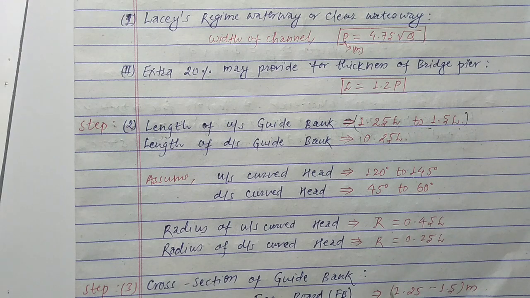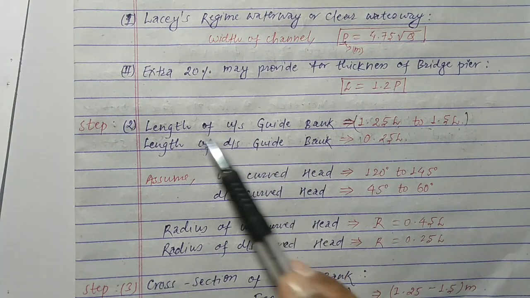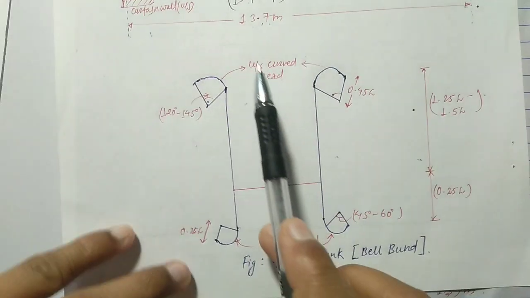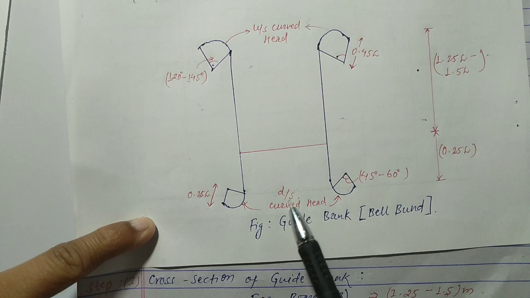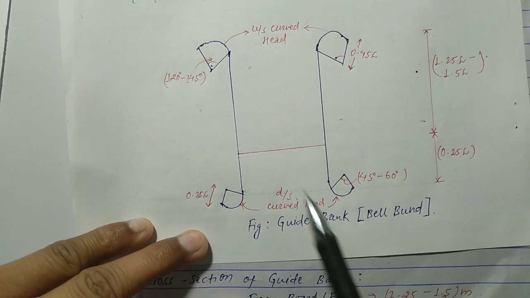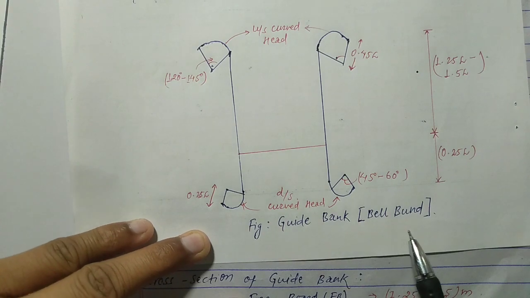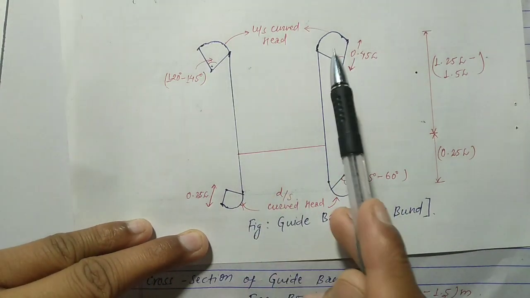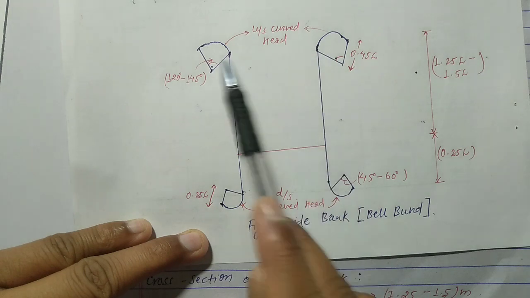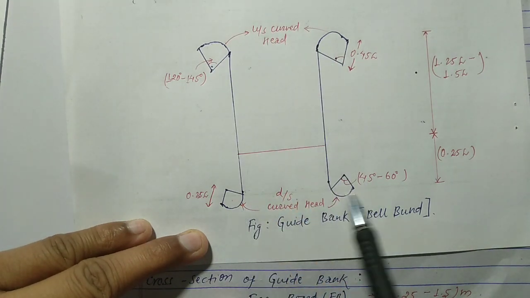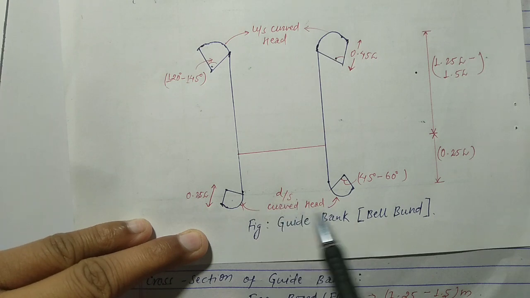You can see here in this figure, first see the length of our upstream guide bank. This is the upstream curve head and this is the downstream curve head. This is the typical example of guide bank, or bell bond. These two are provided here in the upstream curve head, and you can also see these two on the downstream side.